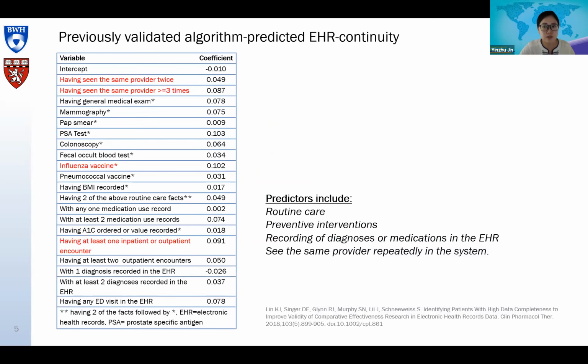This table shows the predictors and their coefficients that were used to calculate a patient's predicted EHR continuity. We used key variables that represent patients' routine care, preventive interventions, and some diagnoses or medications that are received in the EHR system.